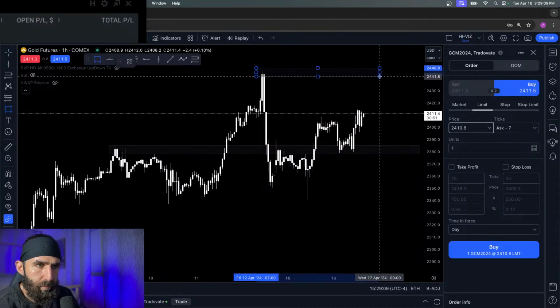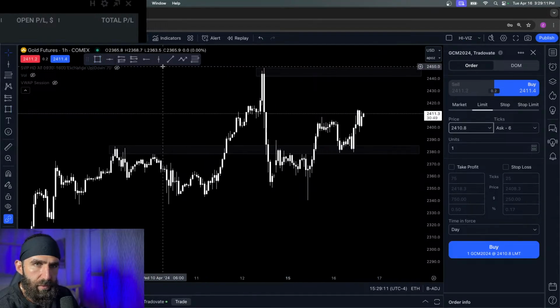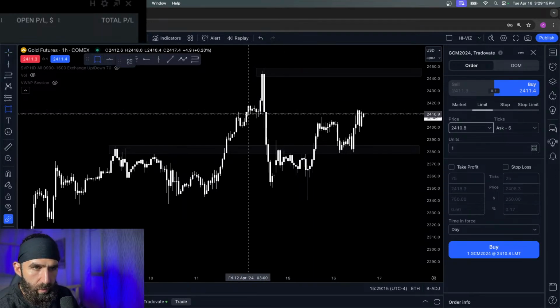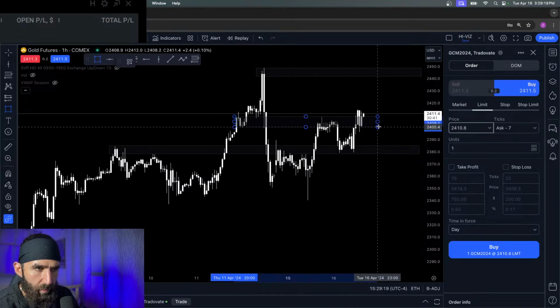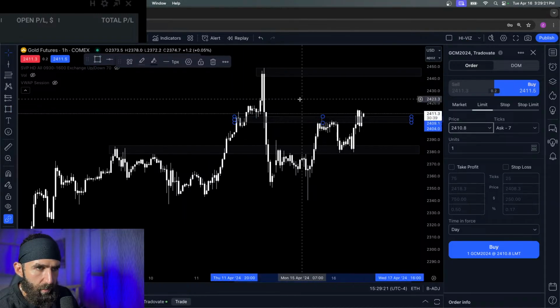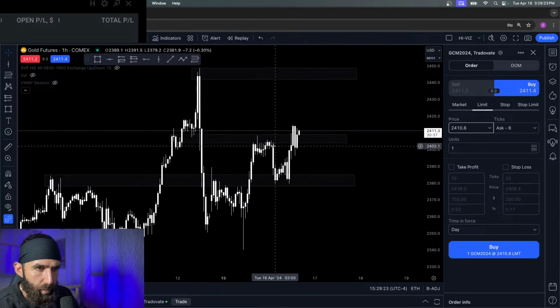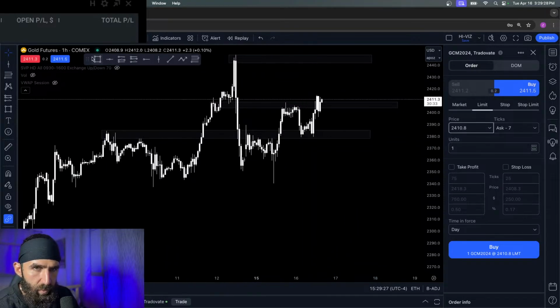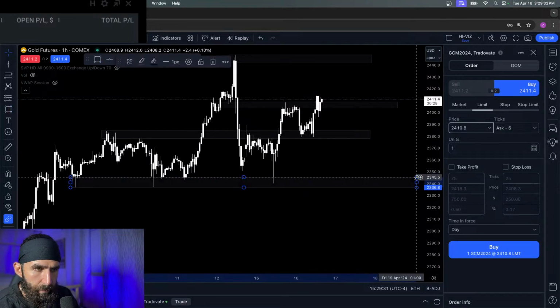Let's just go off of some highs to start, some basic support and resistance, and then I'll throw the volume on and see what that looks like. Just coming off of this high that was put in, more recent. These would be the lows down here that I would be looking at.